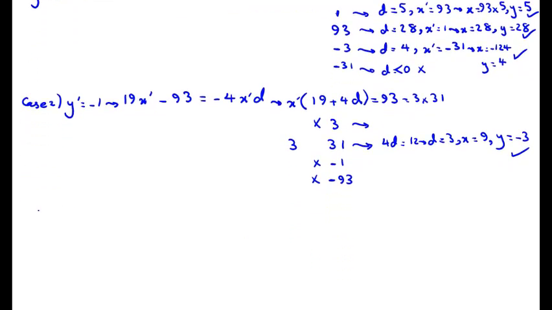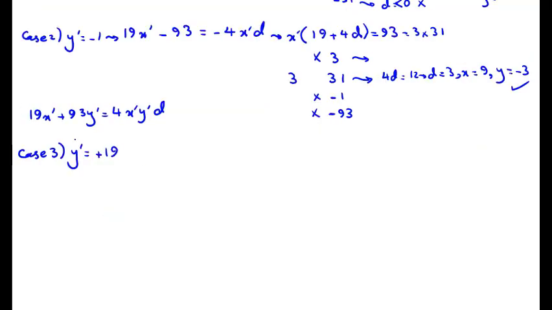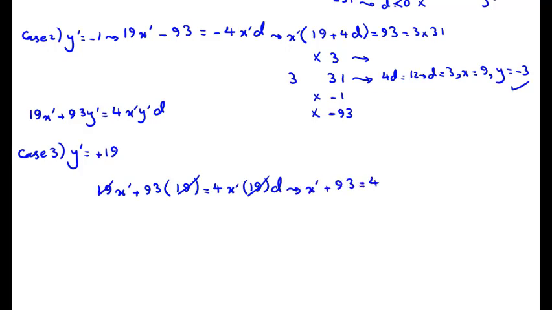19 and negative 19 are left. So case 3, y' is, let's consider first, 19. Our main equation is this, so 19x' plus 93y', which will be 19, equals 4x'·19d. If we cancel both sides by 19, then we have x' plus 93 equal to 4x'd.